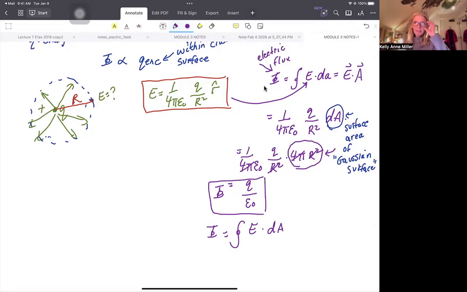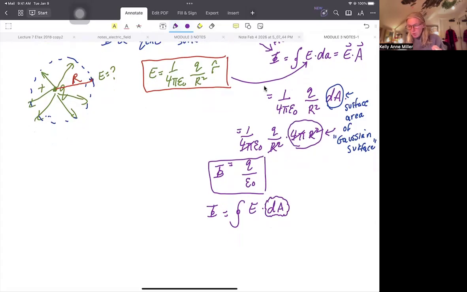Okay, and this is going to depend on the shape of the symmetry that you use for your Gaussian surface. We'll go over the different examples in a little bit. But you can basically make these two expressions for flux equal to each other, and that, my friends, is Gauss's law.